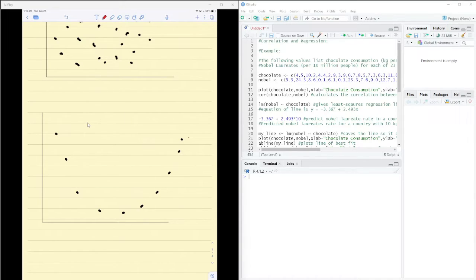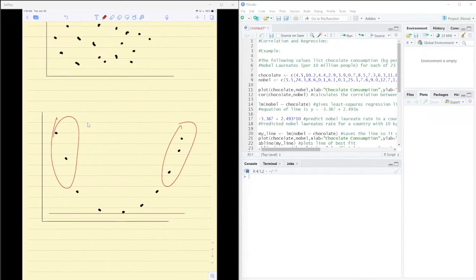If I draw a line like this, well, that doesn't do a good job at capturing that information. If I draw a line like this, that's not really capturing either of these trends. So any way I could possibly draw a line does not describe this data very well.